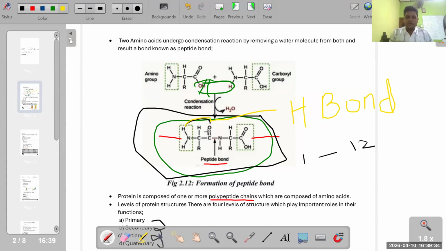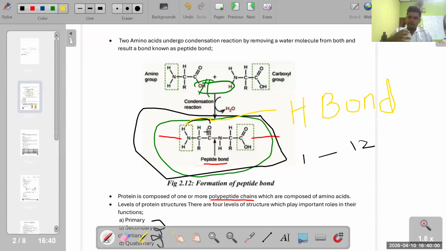What is the actual scenario happening? Look at it carefully. Think carefully and answer. Where has the bond formed? Is it formed between the two backbones?